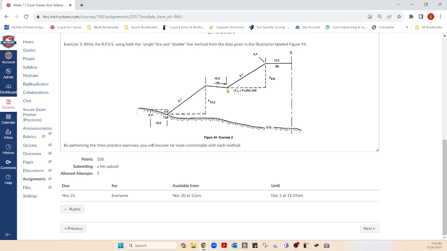We're at 30.4, and then this 2 times this vertical, 2 times 9.6 is 19.2. So that has to be added in there. And then added to that would be 12.